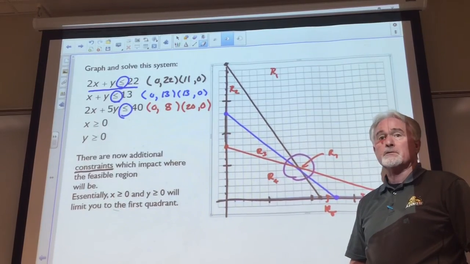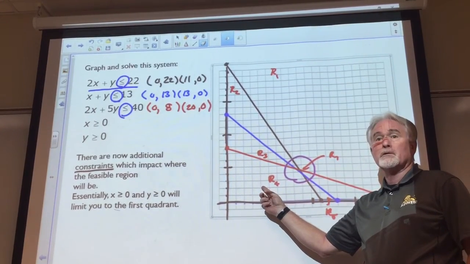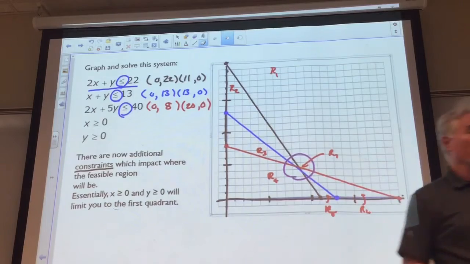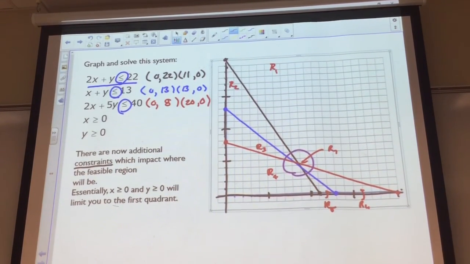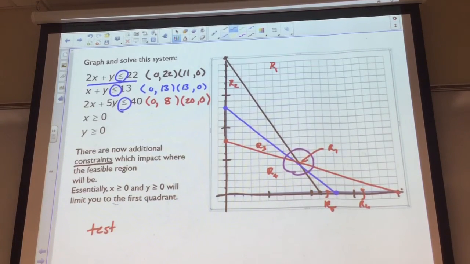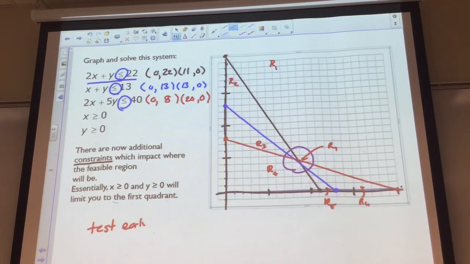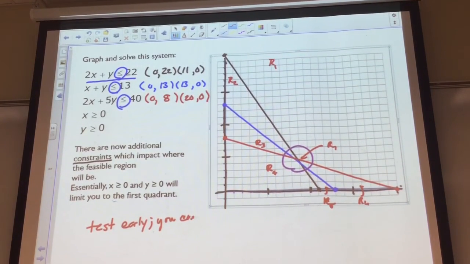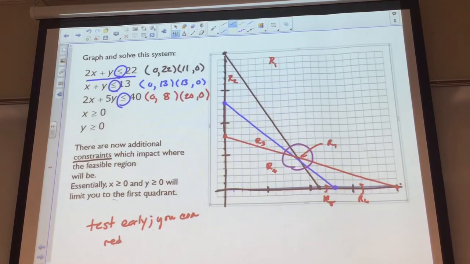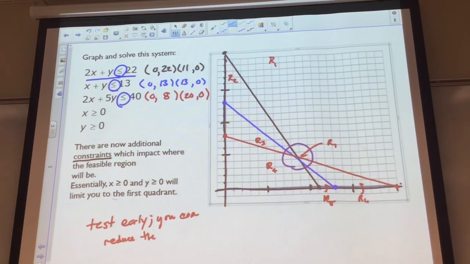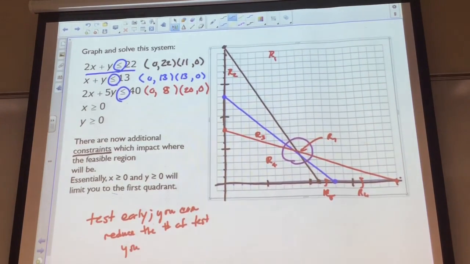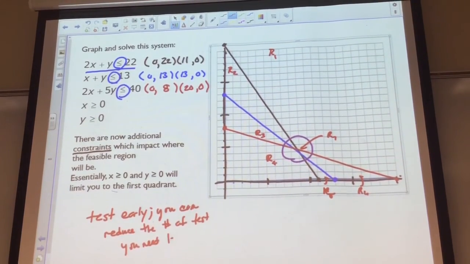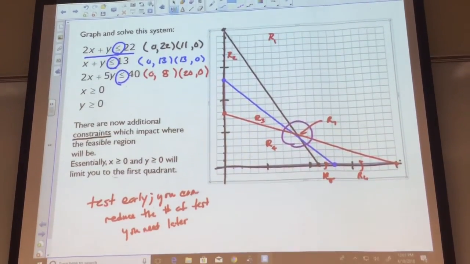So where's our feasible region? Region 4. Region 4 is going to be our feasible region because maybe if you test early, you can reduce the number of tests that you need if you wait until later in the problem.